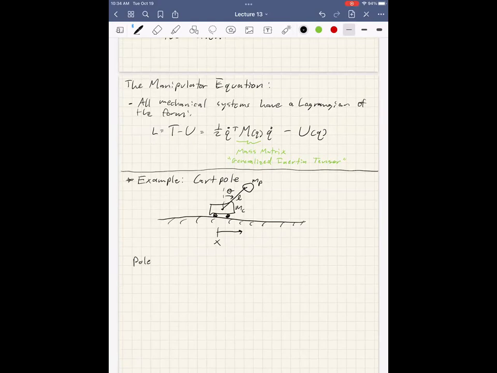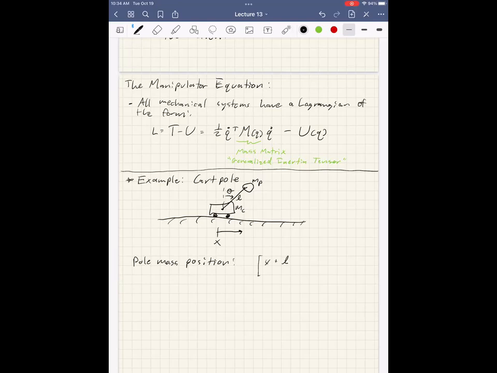So we can write down the pole mass position in XY coordinates in terms of these generalized coordinates. The X coordinate is going to set the X coordinate of this guy plus a sine theta term.